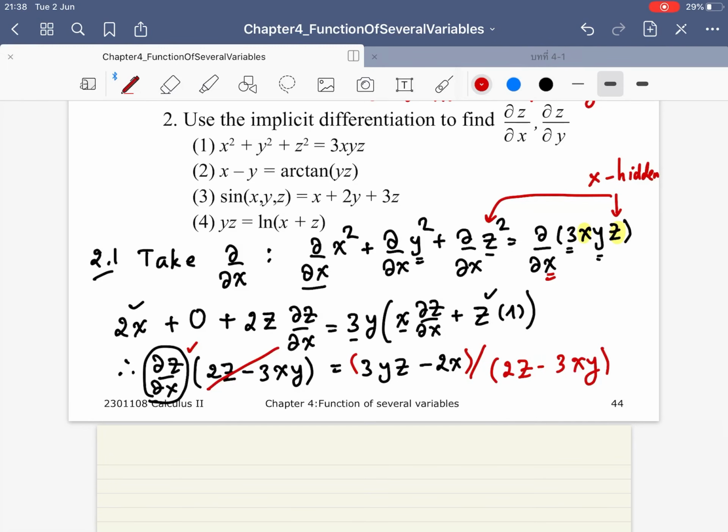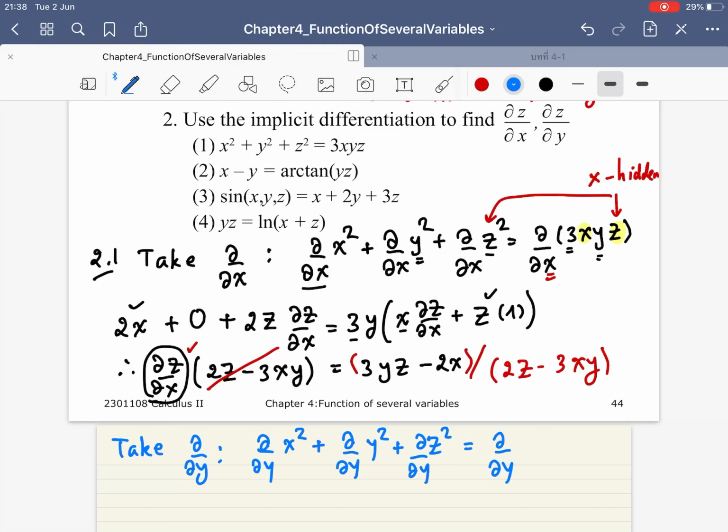Let's try dz by dy. So you are going to take your d by dy both sides. So the first term is d by dy of x squared, d by dy of y squared, d by dy of z squared equals to d by dy of 3xyz.